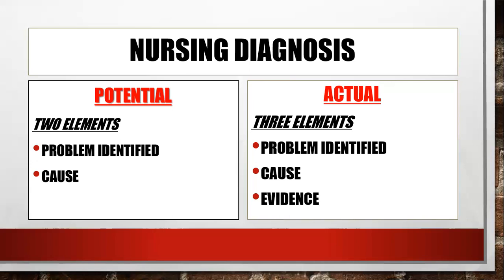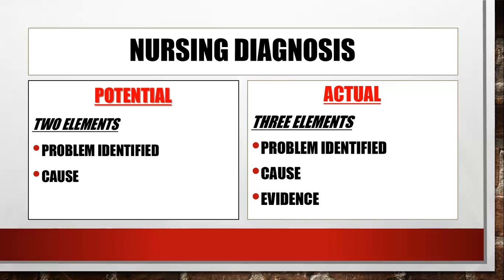So let me go through once more. This will be fluid volume deficit related to, so what is causing this fluid volume deficit? It is related to the passage of loose stool. What is the evidence that there is fluid volume deficit?